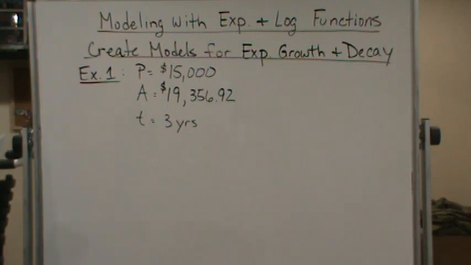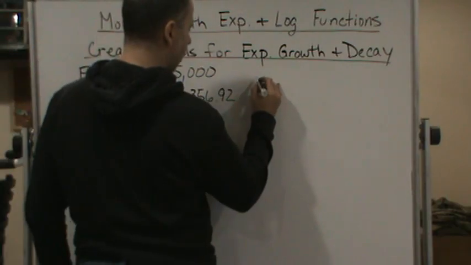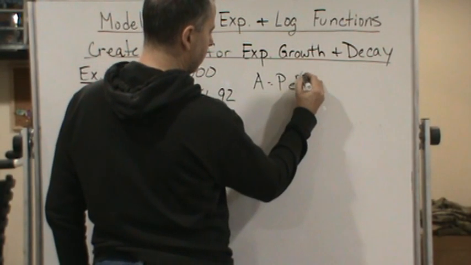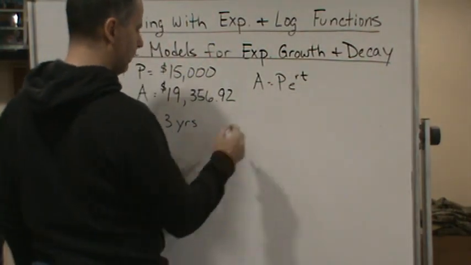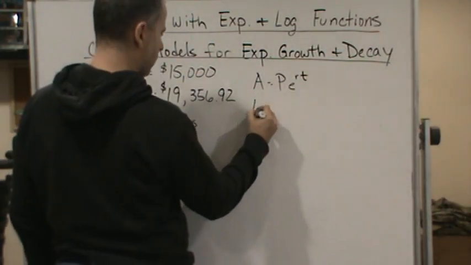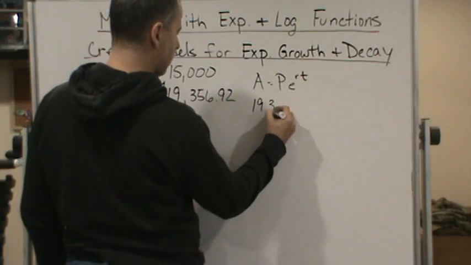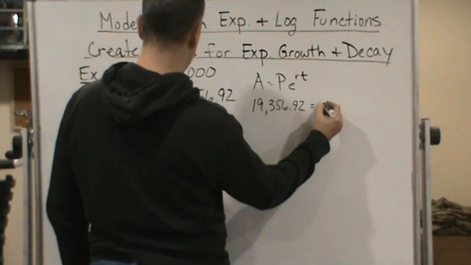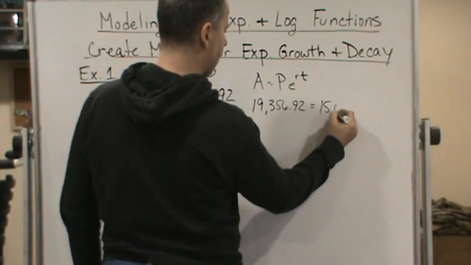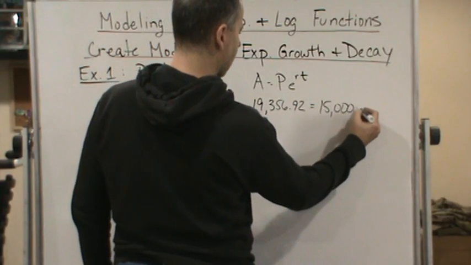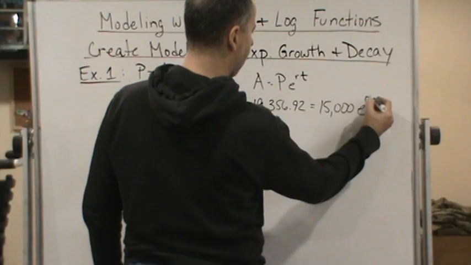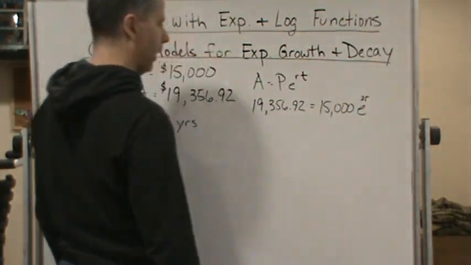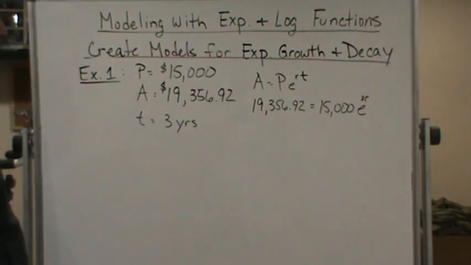So if we use our formula, A equals P times e to the rt, let's fill in our values. So it's going to be $19,356.92 is equal to 15,000 times e to the r times t, which is 3, so I'm just going to put 3r as the exponent.